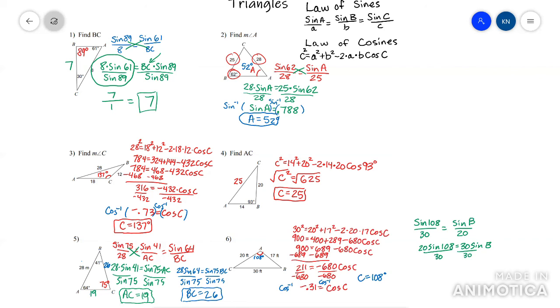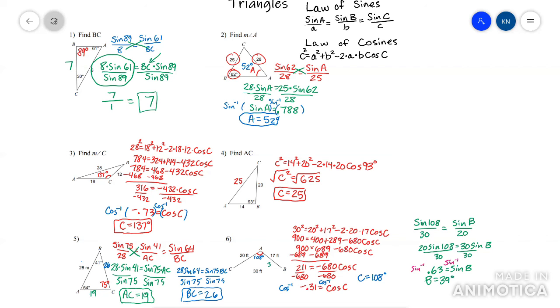Punch this in the calculator. 20 sine 108 divided by 30 is 0.63. Then you're going to run inverse sine of this. So inverse sine of that is 39. So B is 39 degrees.